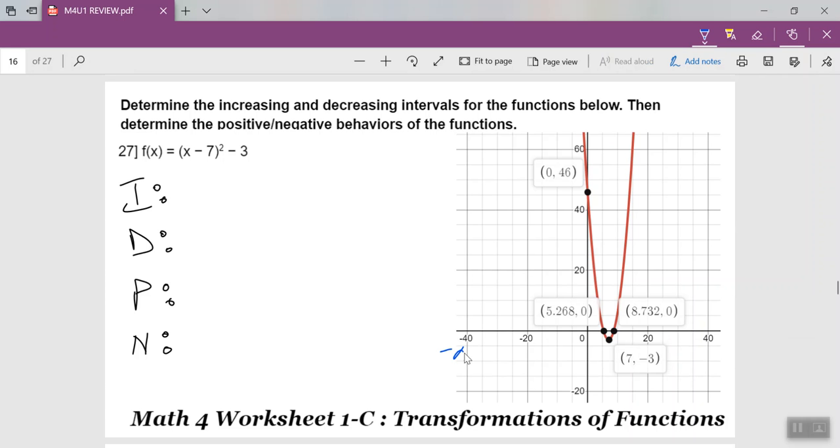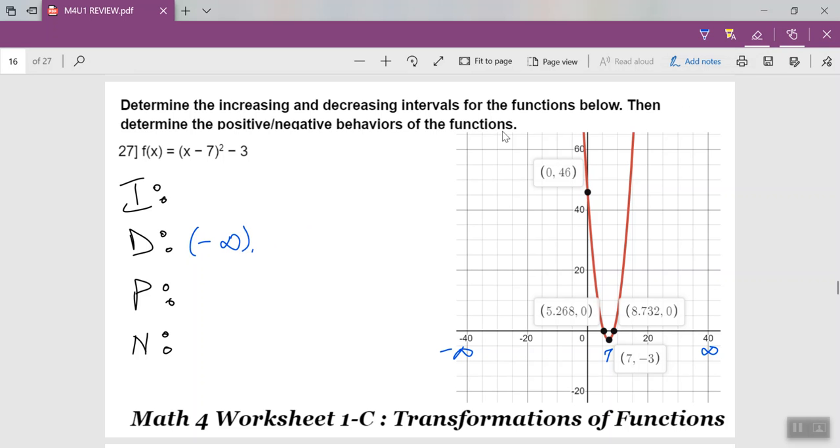X is starting from negative infinity over on this side, and he gets to 7 in the middle, and he gets to infinity on that side. So as far as our increasing and decreasing, it is decreasing from negative infinity up to 7.